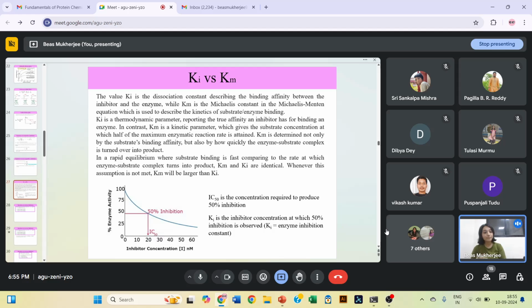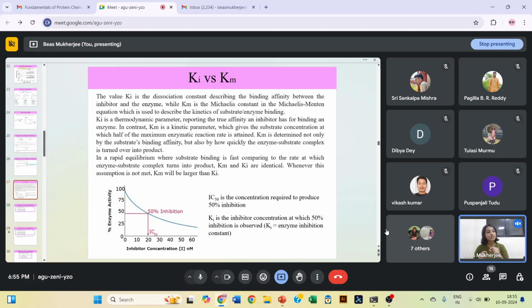So now we come to something very interesting and that is your inhibitory concentration. So what is IC50? There is lethal concentration LD50 or lethal dose 50 and there is IC50. Now these are things that are studied for drugs and poison or toxin.